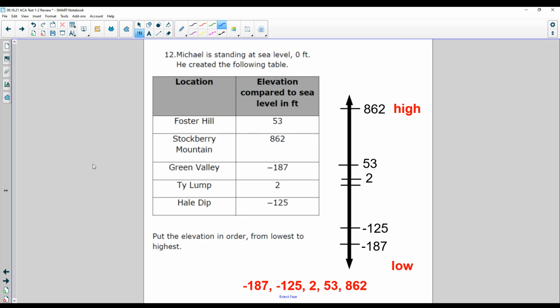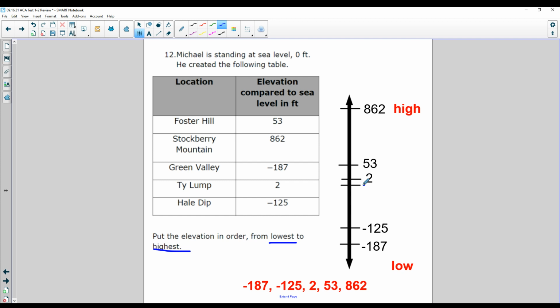Number 12. Michael is standing at sea level, 0 feet. He created the following table. Here are the locations and here are the elevations. Put them from lowest to highest. When we talk about lowest, are we talking about least or greatest? Lowest means least. Notice how I made a vertical number line to help me out.